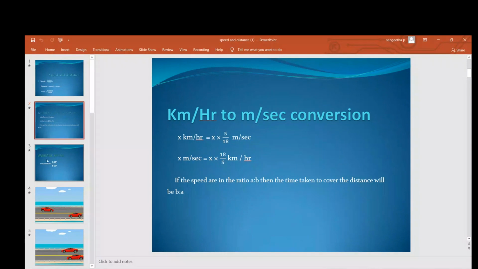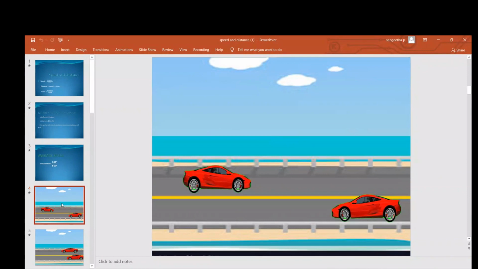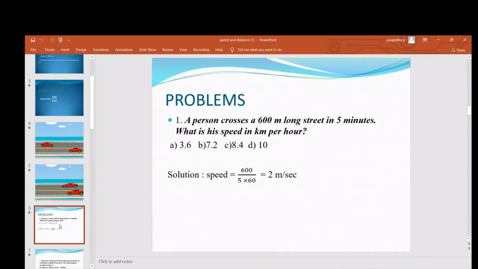And then average speed, this is the important key formula: average speed is 2xy divided by x plus y. We can calculate average speed when they are traveling in the same direction as well as in opposite directions.